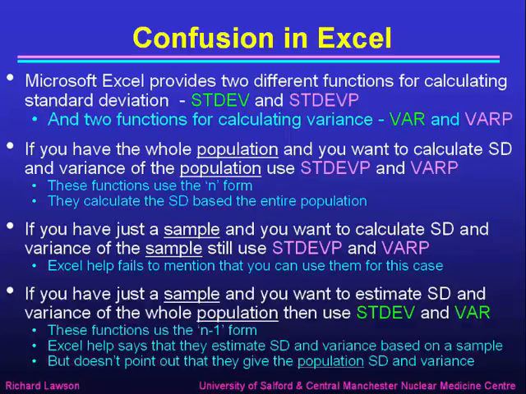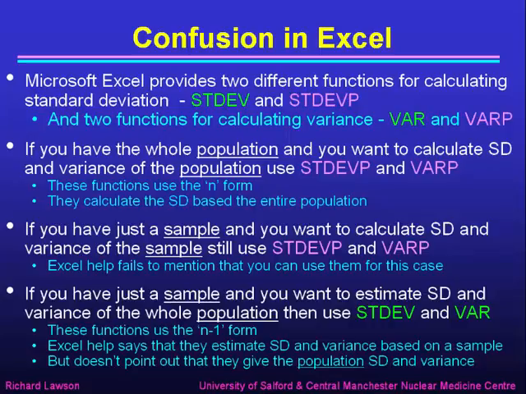So the other case is when you've got a sample but you want to estimate the standard deviation and variance of the whole population. That is when you use the STDEV and the VAR without the P at the end. Those are the functions which use the n-1 in the denominator.